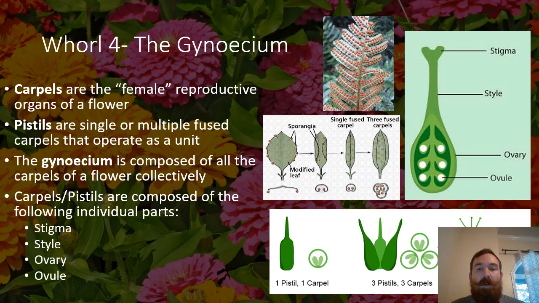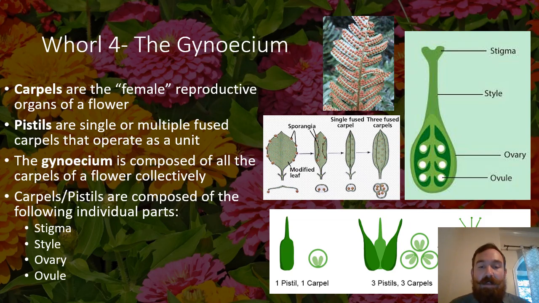And what flowering plants decided to do millions of years ago is they took those leaves, which had spores born on the outside of the leaf, and they decided to start wrapping those up to both protect them and to allow for more elaborate developmental processes to occur, so that their spores stood a greater chance of surviving after they were released into the environment.